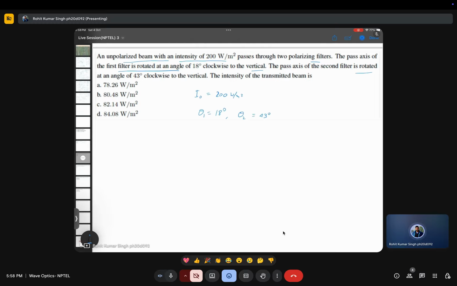Now when the light, let me draw. So here is the first polarizer, here is the second polarizer. Here is the unpolarized light. When it passes this first polarizer, it will be polarized at an angle 18 degree to the vertical, right? But what will be its intensity?